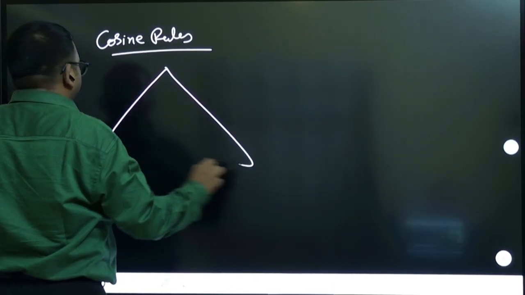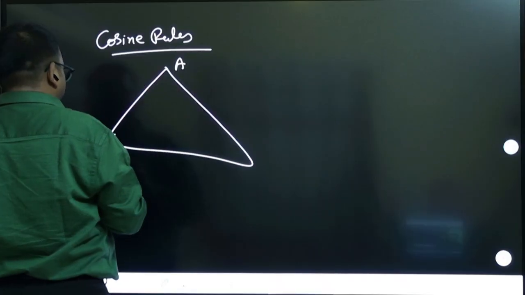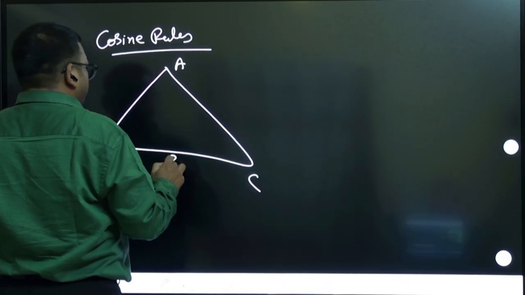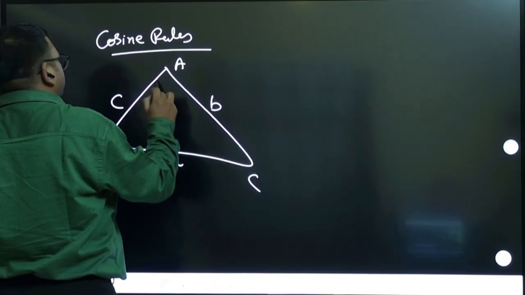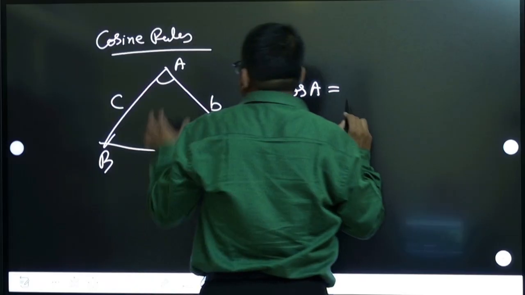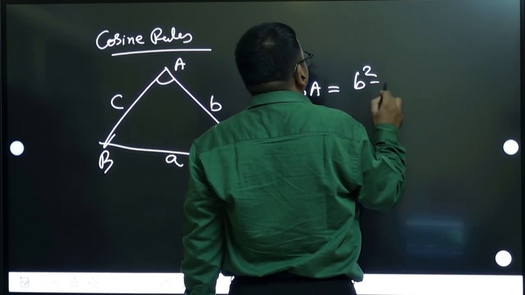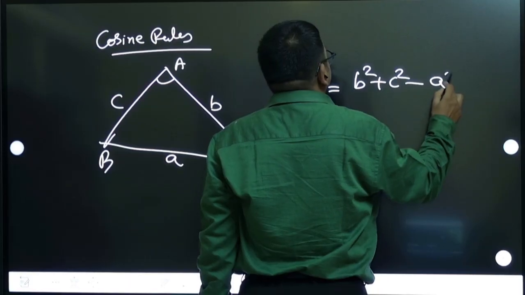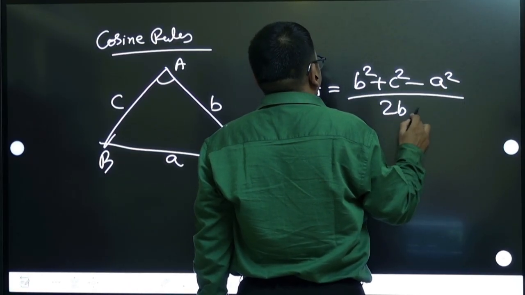Cosine rule. In a triangle, suppose these are angles A, B, C, and opposite sides a, b, c. Suppose I want cos A. So cos A becomes b square plus c square minus a square by 2bc.